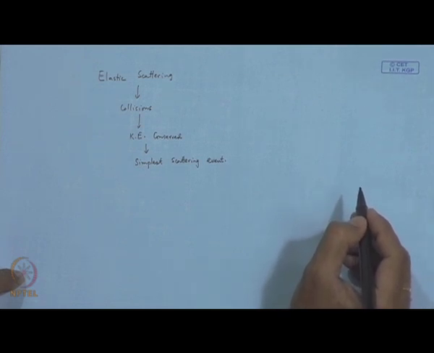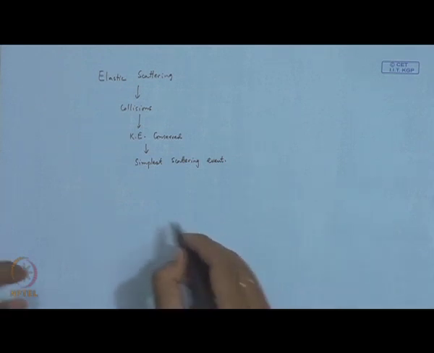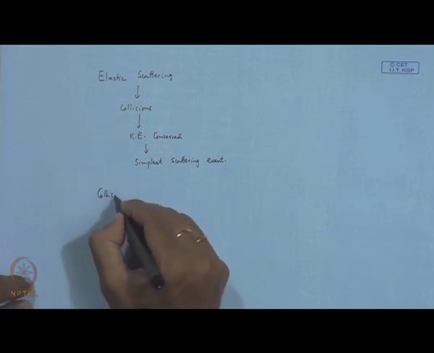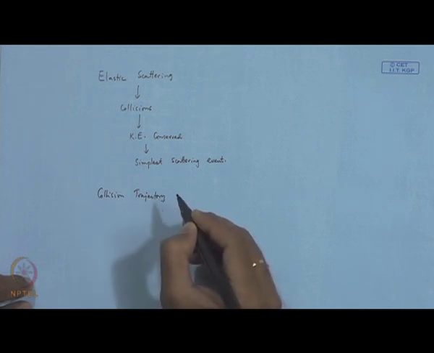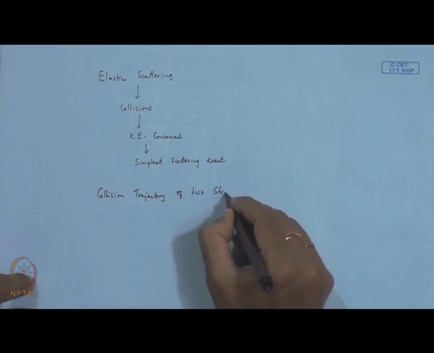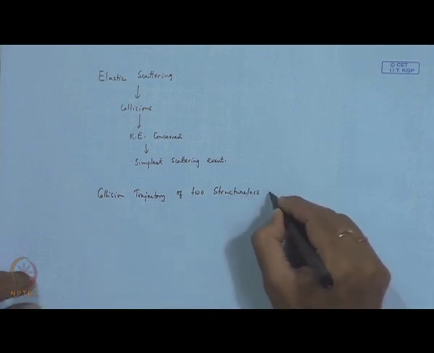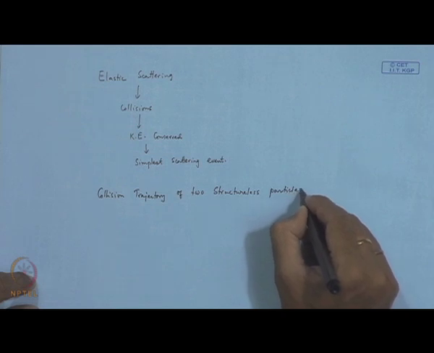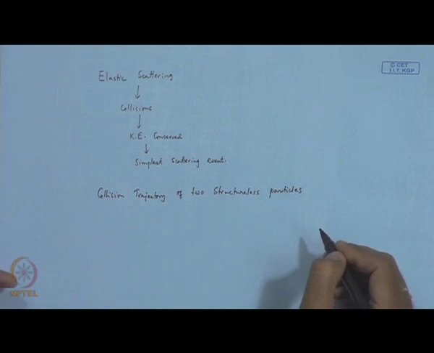Let us look into the collision trajectory of two structureless particles, that is, they undergo collision. Total angular momentum is also conserved.